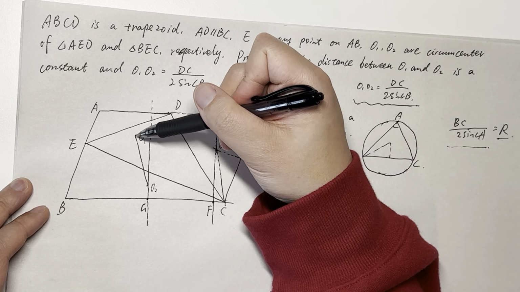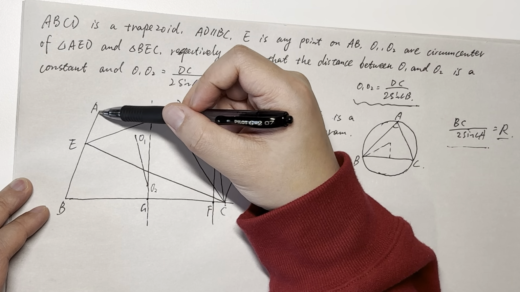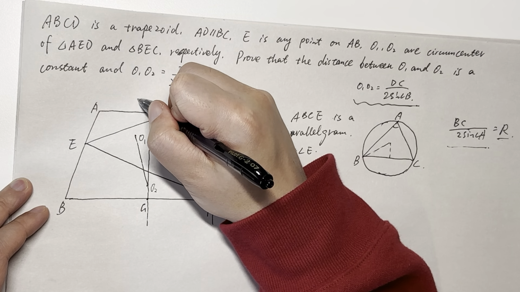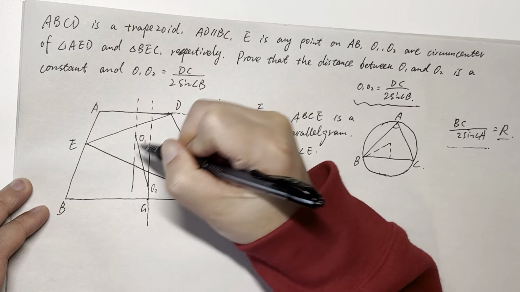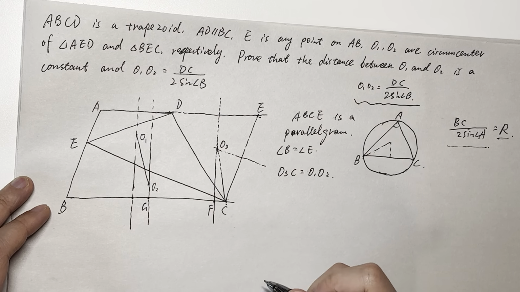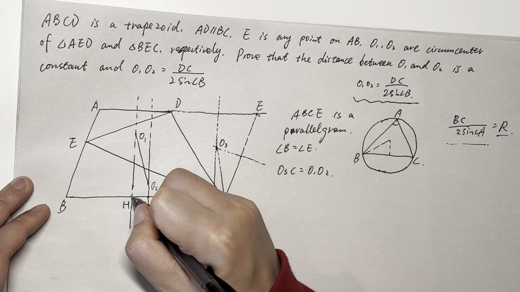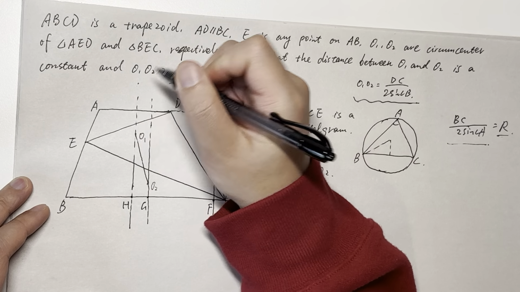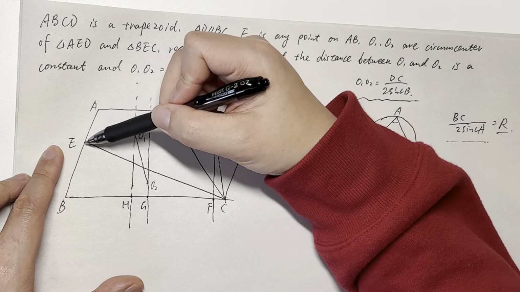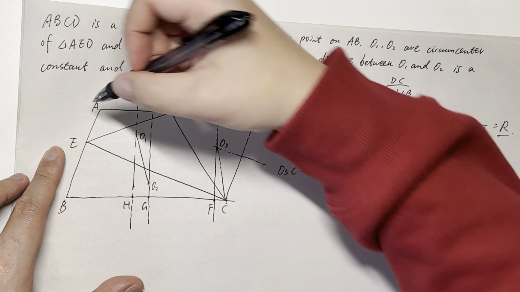And how can we get O1? We draw the perpendicular bisector line of segment AD. So let's call this H. And also, we get O1 from the perpendicular bisector line of AE.